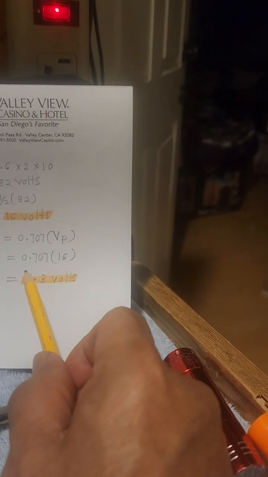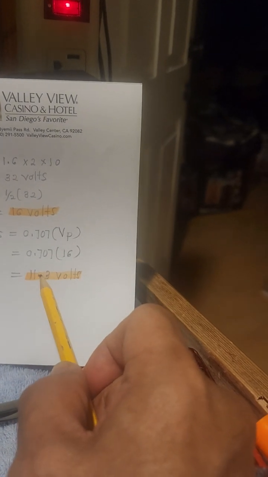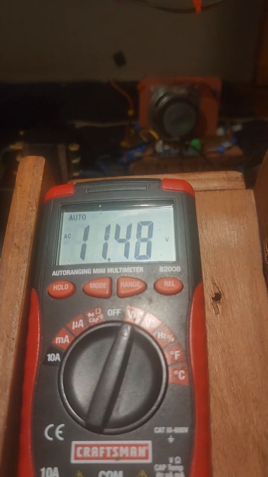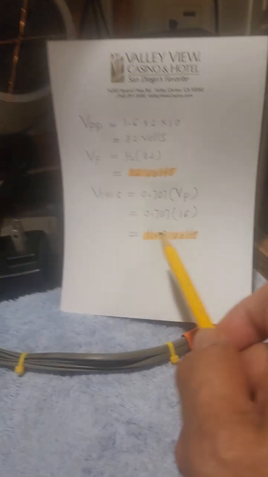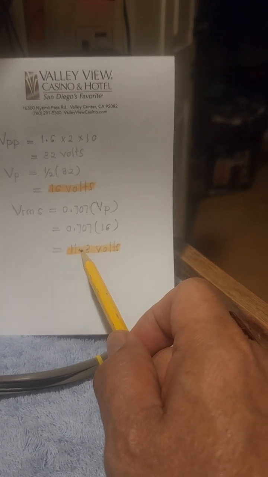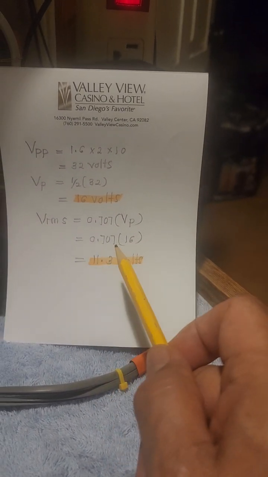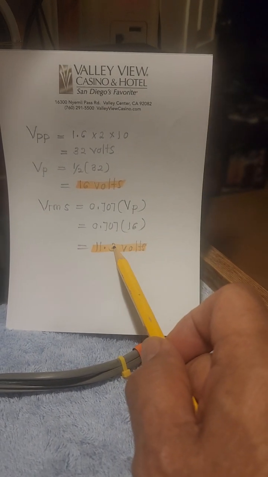Meaning to say, by using the oscilloscope, the reading is 11.3, and by using the multitester, it's around 11.48. We cannot include the other decimal places over here because the oscilloscope is not so accurate. We are just getting the approximate value.